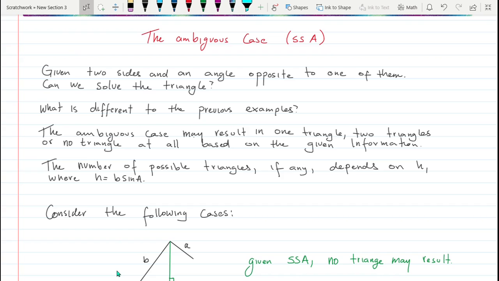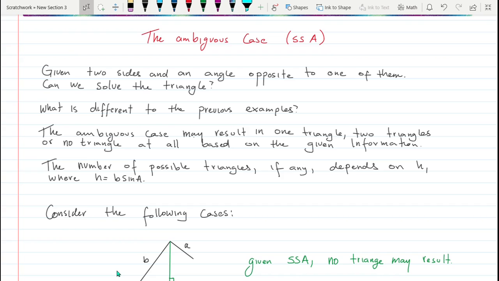and in this one we're going to look at a possibility, right, that there may be one triangle, two triangles, or no triangles, right? So the ambiguous case, like we just said, may result in different scenarios: one triangle, no triangle, or two triangles being graphed out of that information.